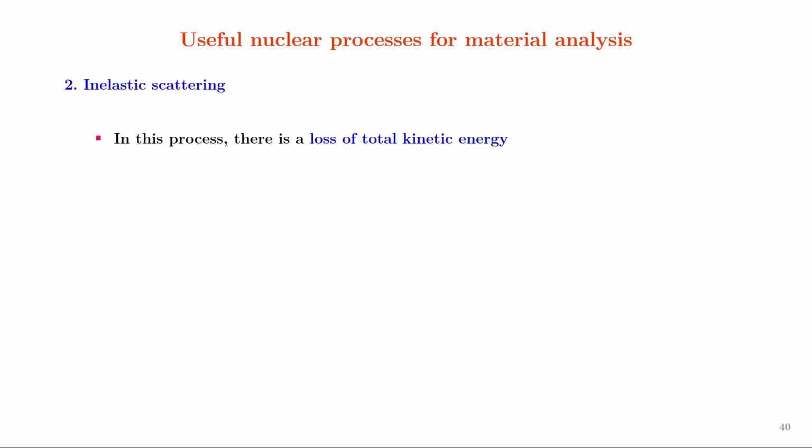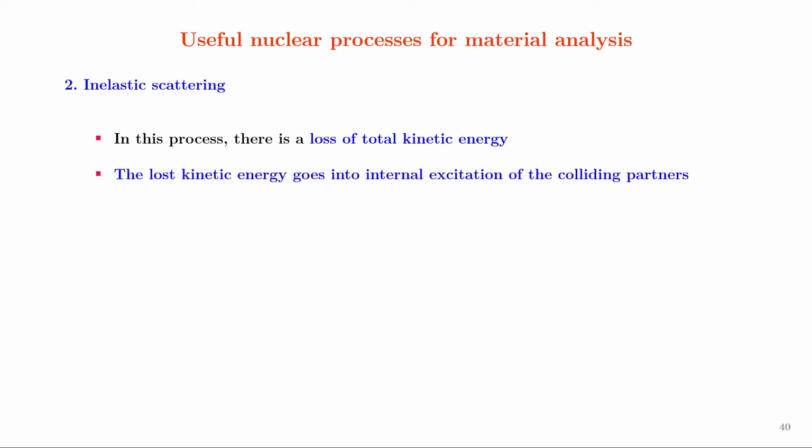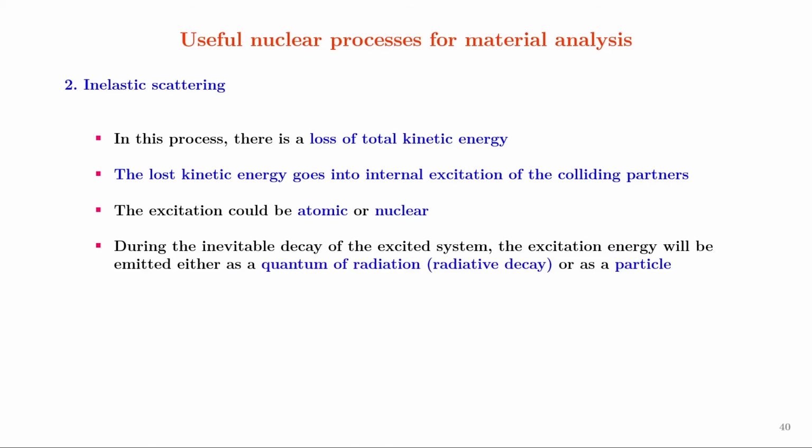Inelastic scattering. In this process, there is a loss of total kinetic energy. The lost kinetic energy goes into internal excitation of the colliding partners. The excitation could be atomic or nuclear. During the inevitable decay of the excited system, the excitation energy will be emitted either as a quantum of radiation, and this is known as radiative decay, or as a particle.